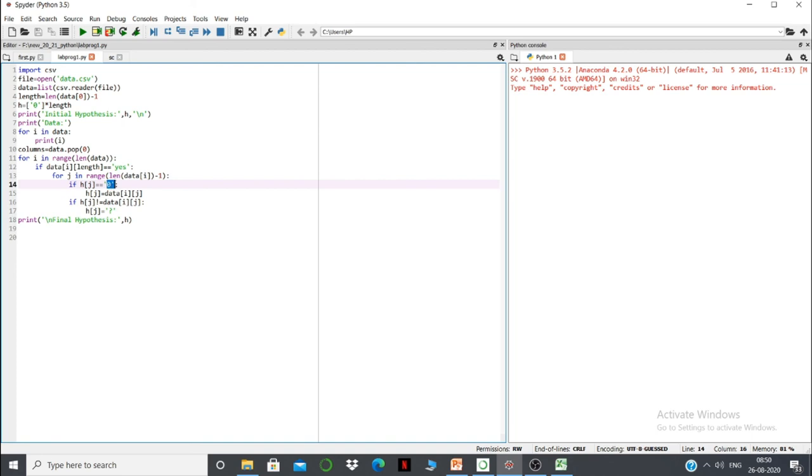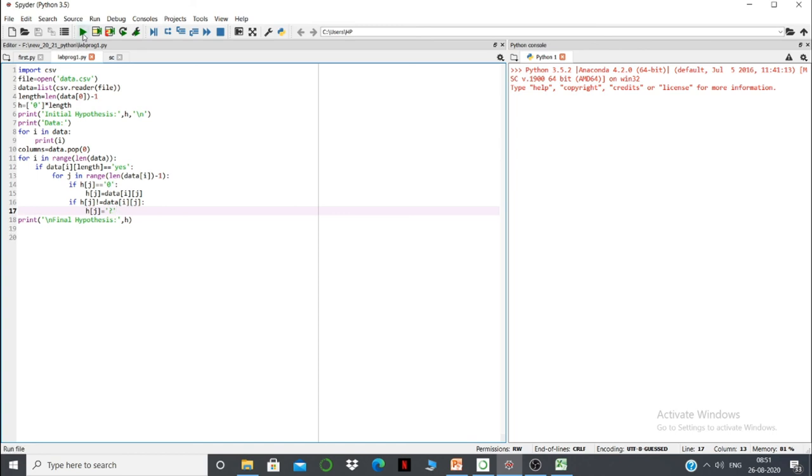Is it a phi? No, it is not a phi. The new hypothesis is generated. Next, it checks whether the hypothesis value matches the data set value. If it does not match, then replace it with a question mark. This loop is repeated until you get a maximally specific hypothesis, and that is what we print.